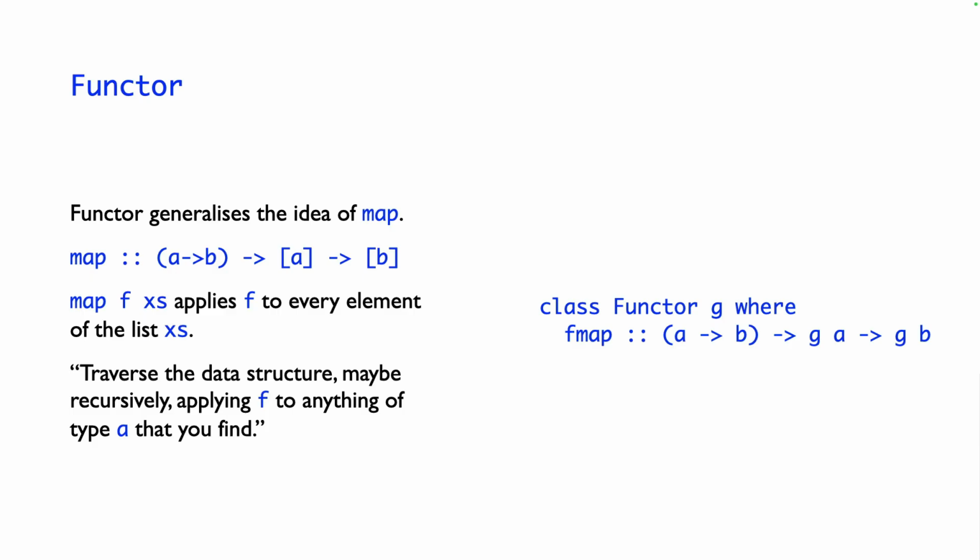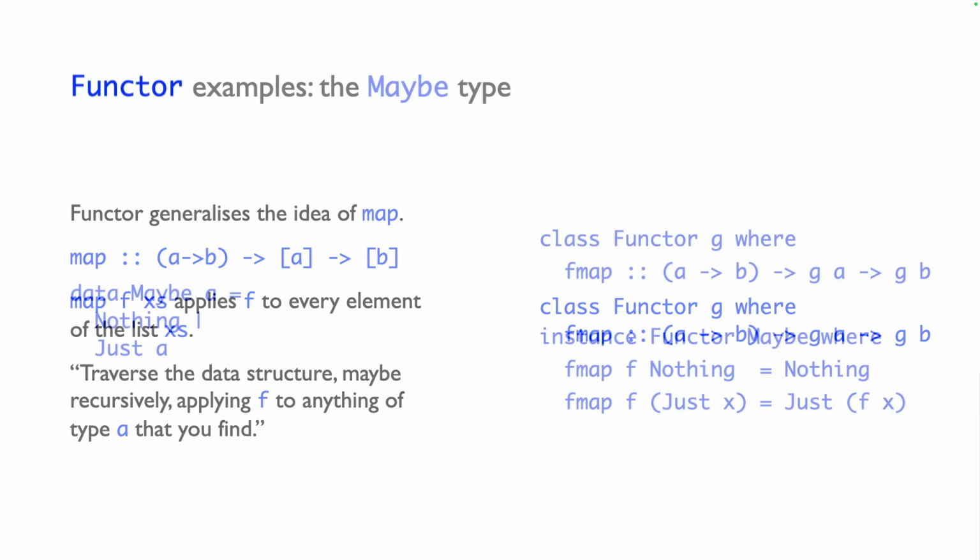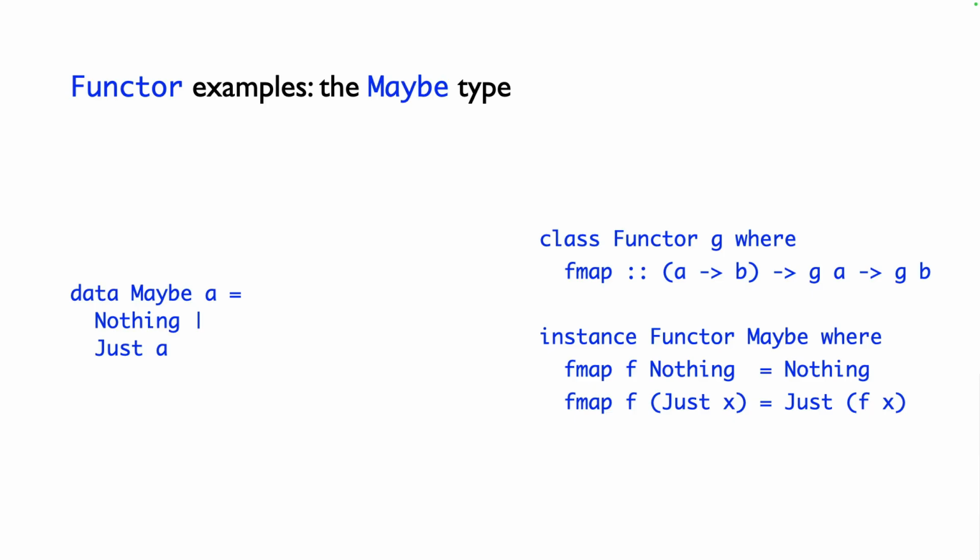So we know the definition for lists, but what are these other types? Well, one example is the Maybe type. You remember the Maybe type? There are two constructors. One is Nothing and the other is Just a. So it essentially says you either get something of type a or you get nothing. And what does fmap do over that type? Well, if we apply fmap of f to Nothing, we get Nothing.